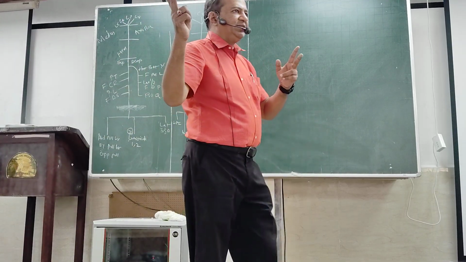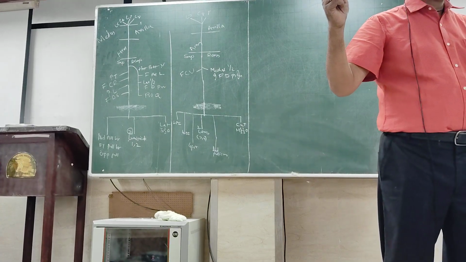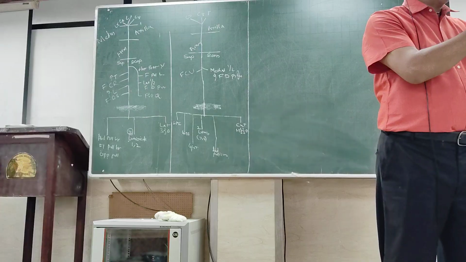Median nerve 2 lumbricals, ulnar nerve 2 lumbricals. Okay. Median nerve 3 thenar plus 2 lumbricals, 5.